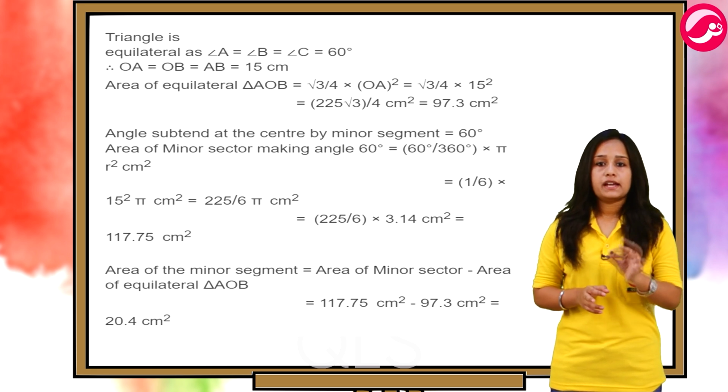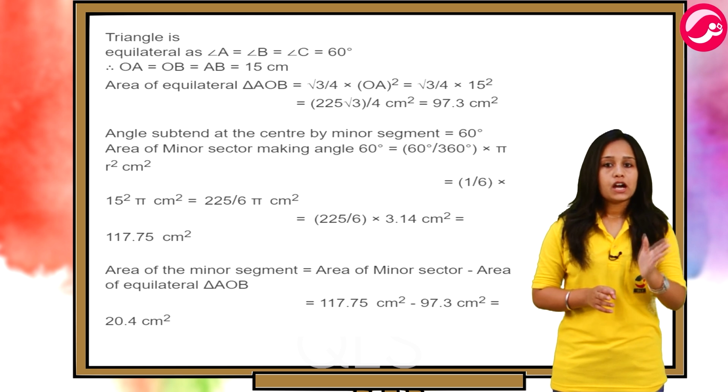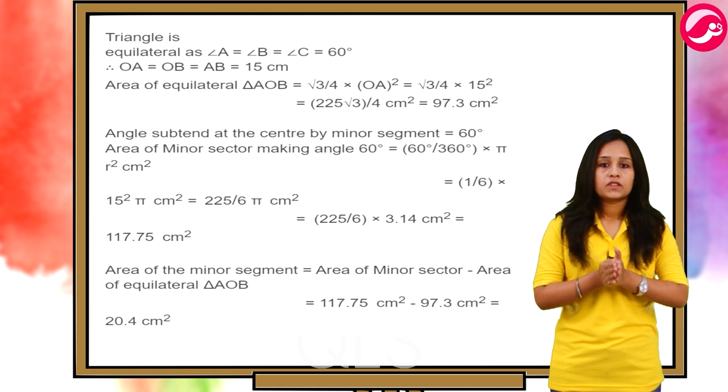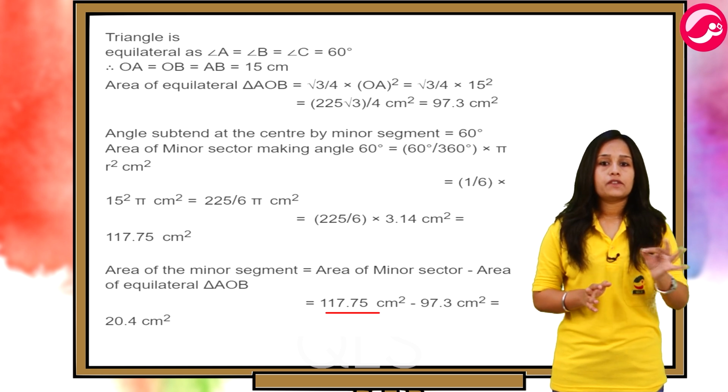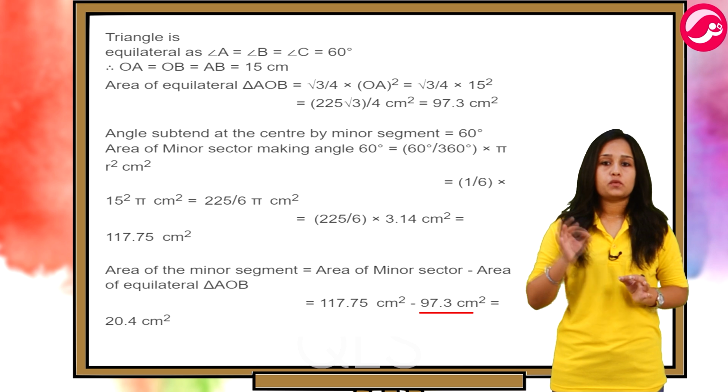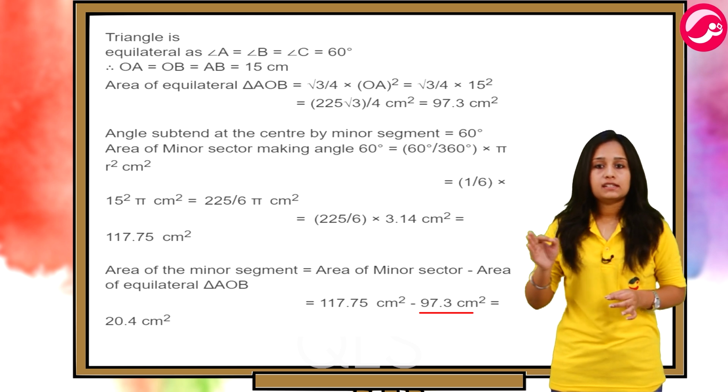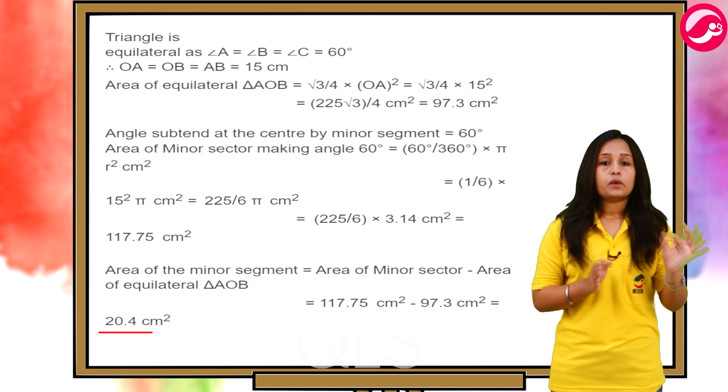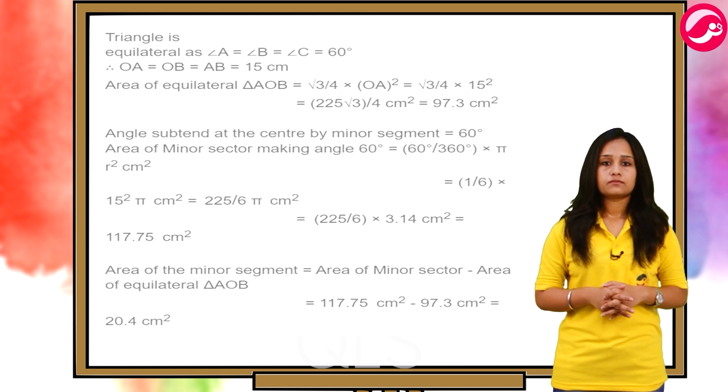Now the area of the minor segment is equal to the area of the minor sector minus the area of equilateral triangle AOB, which can be written as 117.75 centimeter square minus 97.3 centimeter square, that is 20.4 centimeter square.